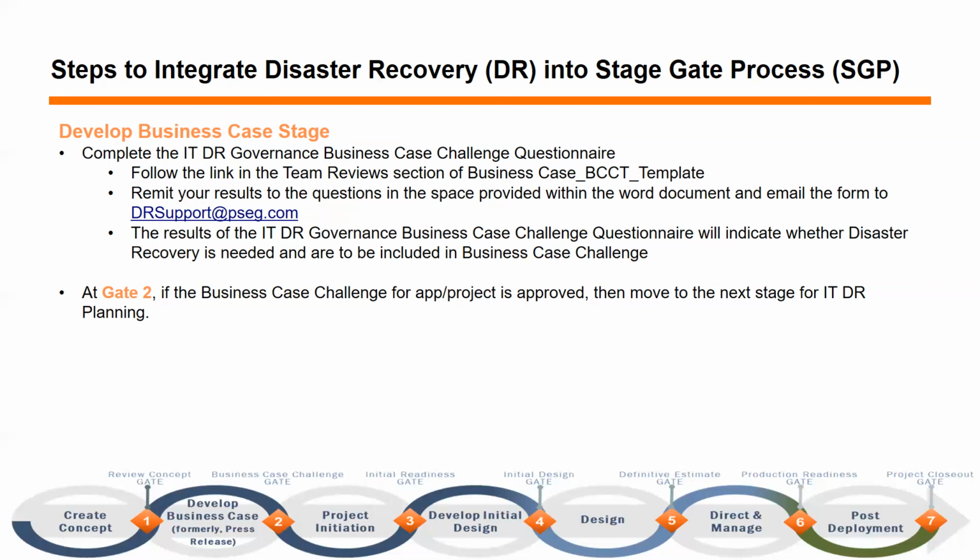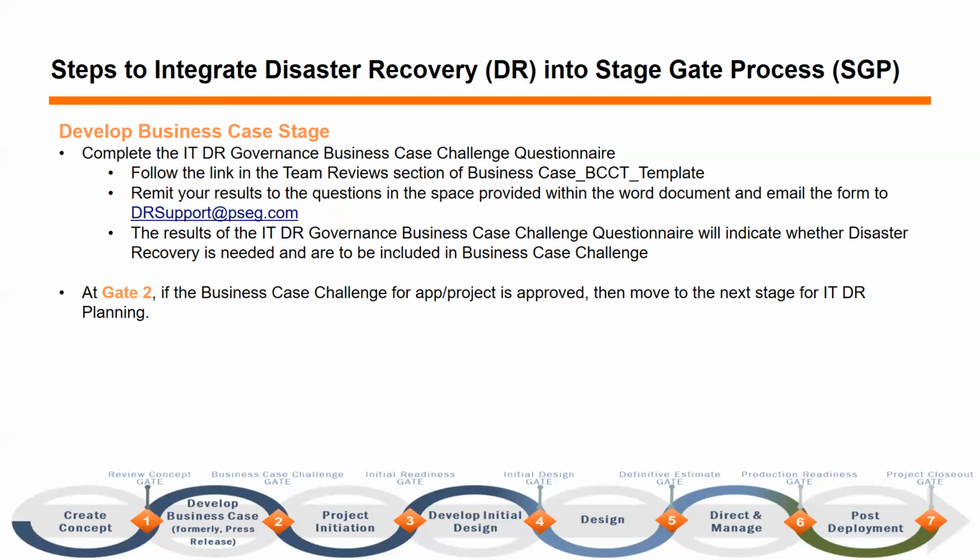This begins the process of allowing us, the ITDR governance team, the opportunity to review your initial responses for accuracy and determine whether or not it meets the requirements to include DR planning in the scope of the application or process being reviewed. The outcome of this DR review will be included in the business case challenge, which should be either yes, DR planning is required, or no, DR planning is not required, just at a high level.